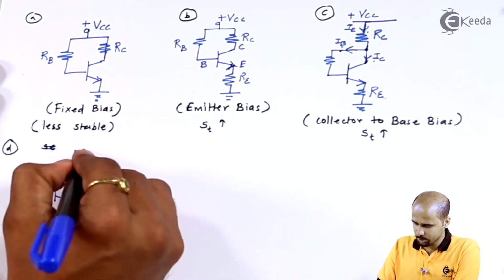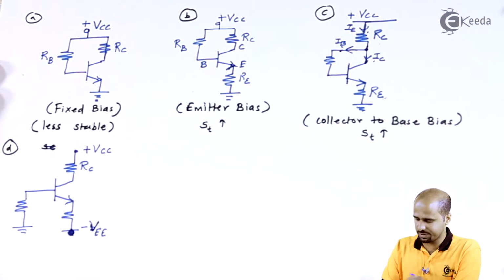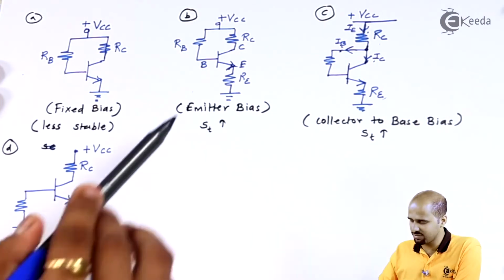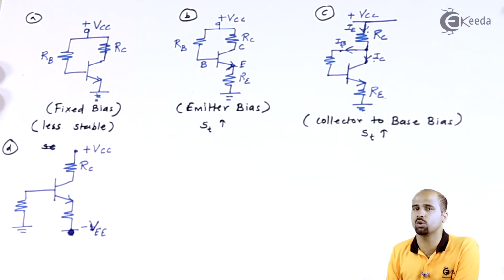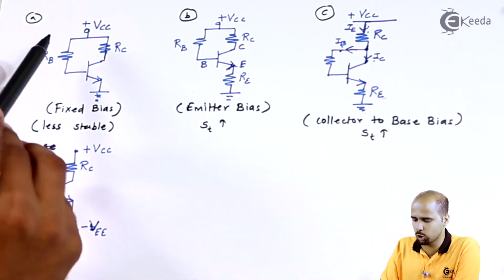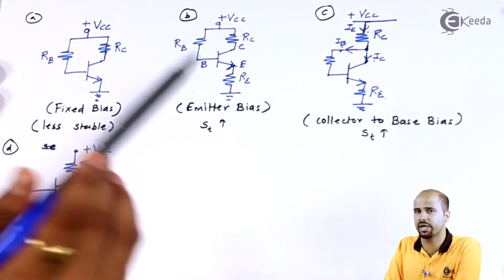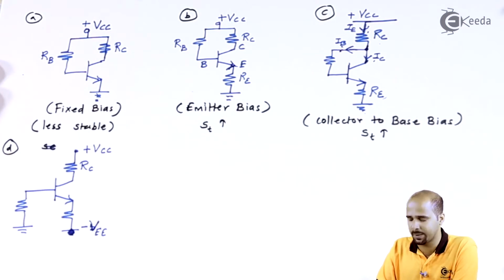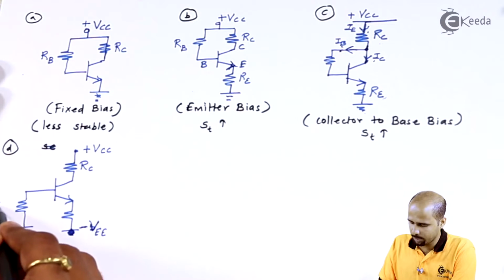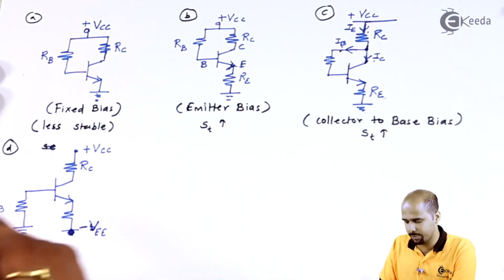This is connected to the positive power supply, that is VCC. More or less in all the circuitry it is not mandatory to have the emitter connected to zero only. I can connect to a negative supply such that the total supply voltage may increase towards the positive side. So here I have applied negative VEE and RB is connected to the ground and the base.